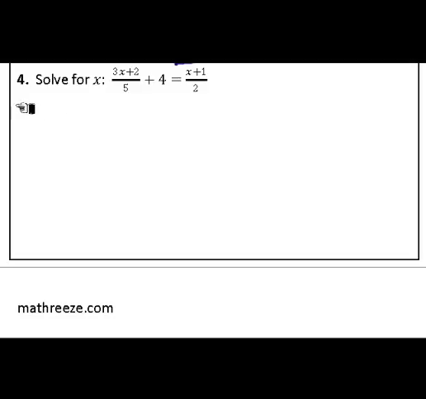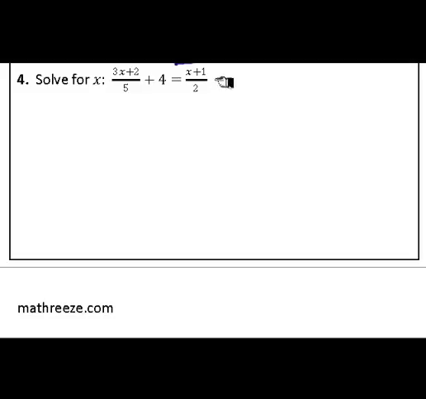In number 4, we also have a linear equation with fractions, and we have two denominators of 5 and 2. So again, we're going to clear out the denominators by multiplying both sides by the smallest number that 5 divides into and 2 divides into, so that would be 10.